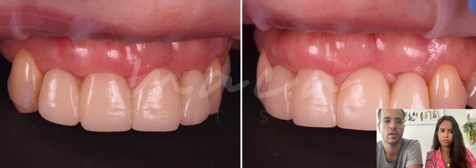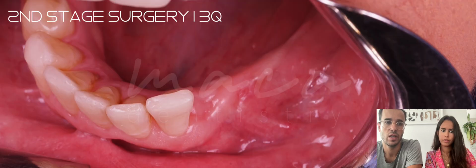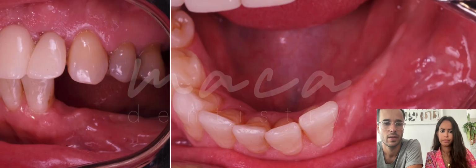This is both lateral views 2 months after surgery, and 3 months after the first surgery, we proceeded with the third surgery on the third quadrant, where we left the implant submerged. So in this picture you can see that there wasn't much volume of tissues and also not much keratinized tissue.